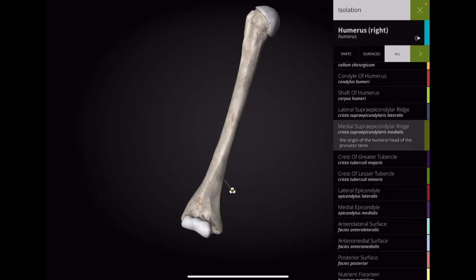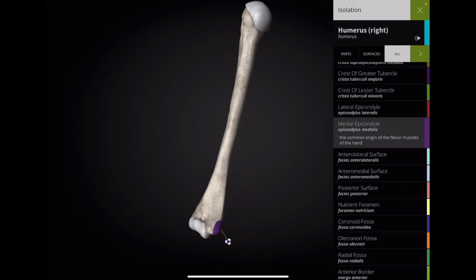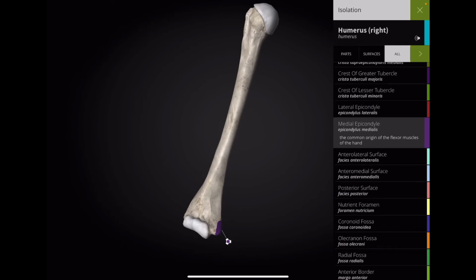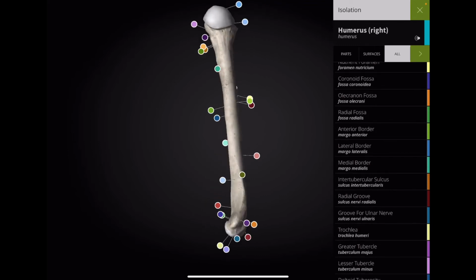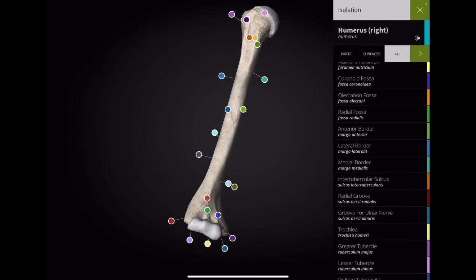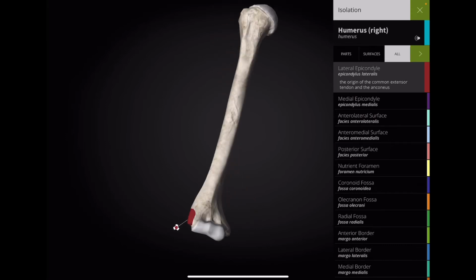What we also have is the medial epicondyle, which is found again on the medial aspect, and we also have the lateral epicondyle, if I can find that. There we go, lateral epicondyle. Again, these are important for muscle attachment.